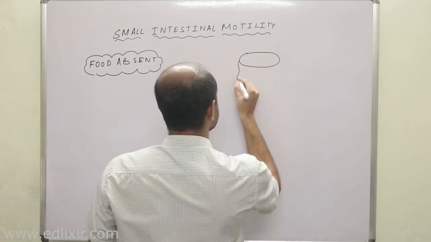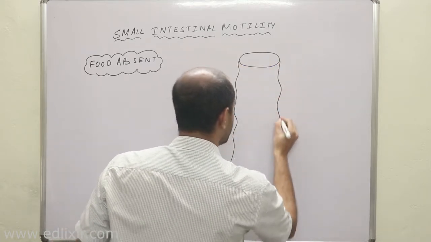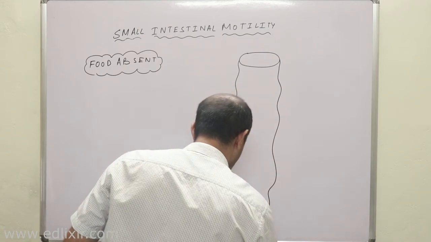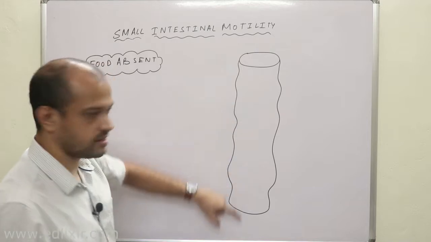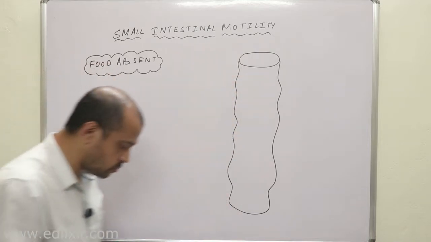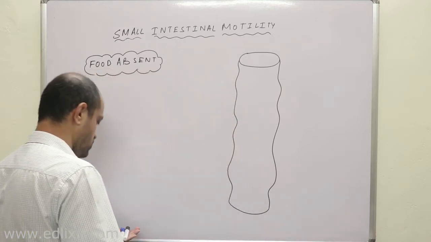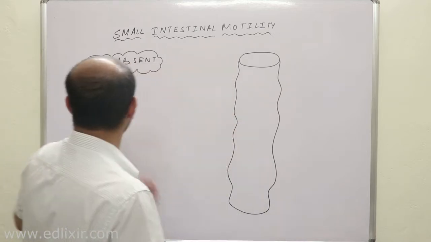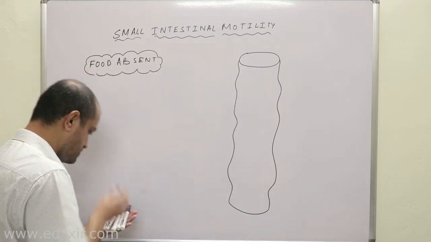Suppose this is a part, a segment of the small intestine. When there is no food in the small intestine, what happens is very interesting, and you must understand it right now in detail.